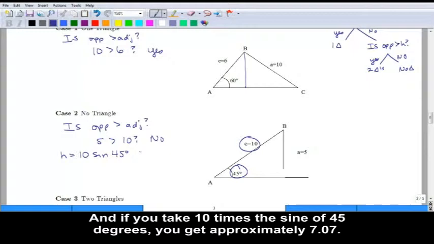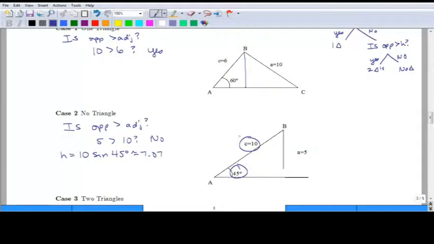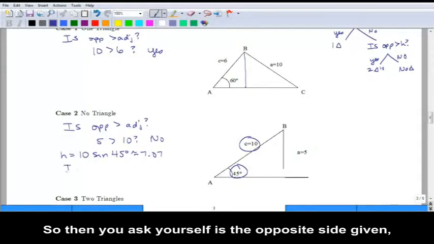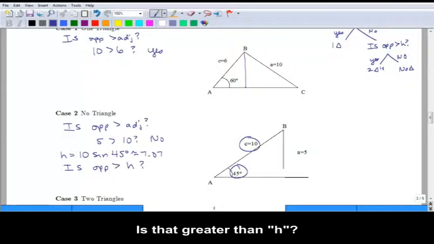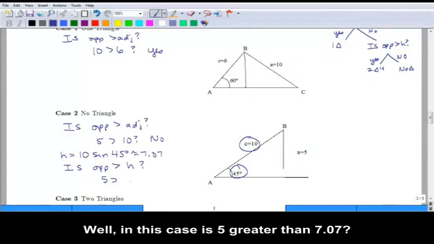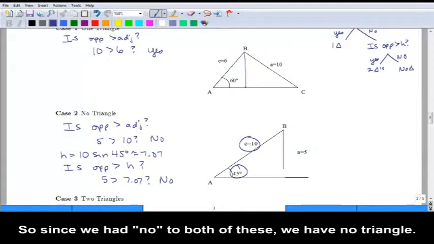If you take 10 times the sine of 45 degrees, you get approximately 7.07. So then you ask yourself, is the opposite side given, again we're talking about opposite to the angle, greater than h? Well, in this case, is 5 greater than 7.07? No. So since we had no to both of these, we have no triangle.